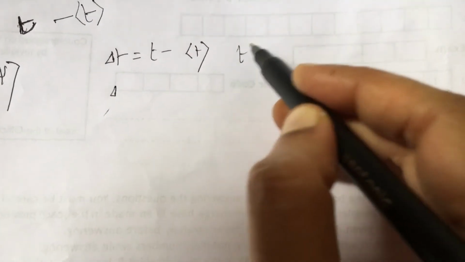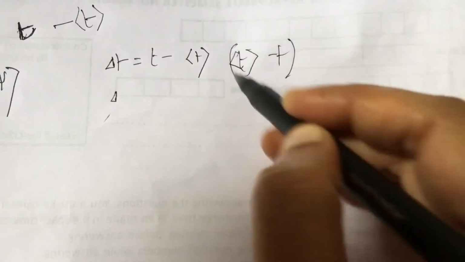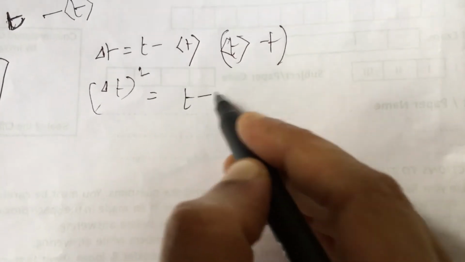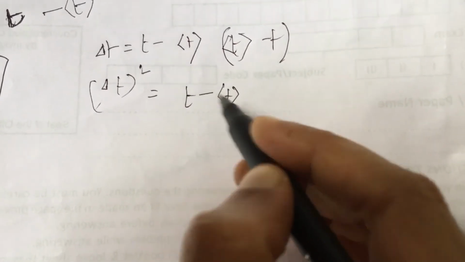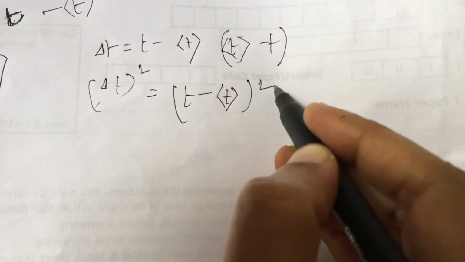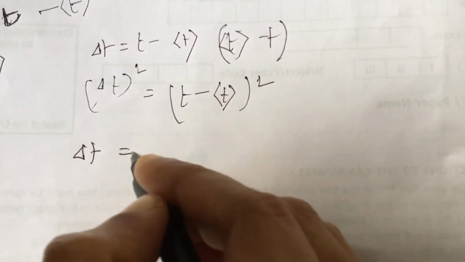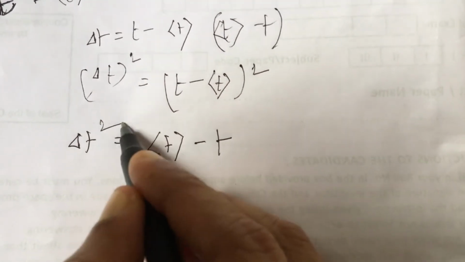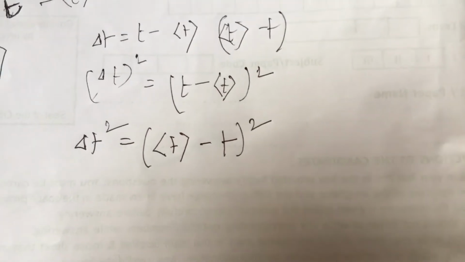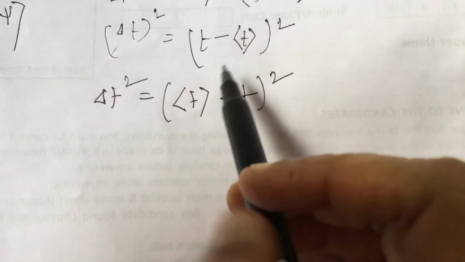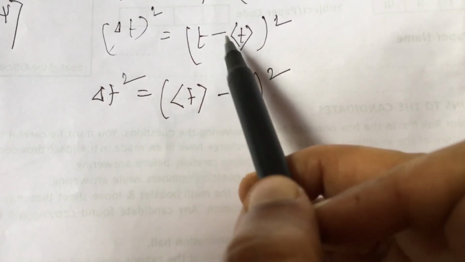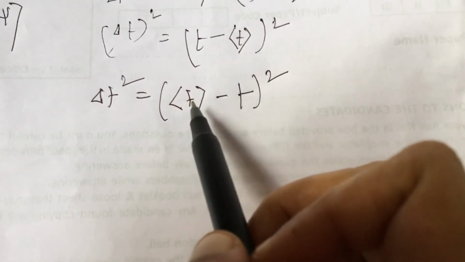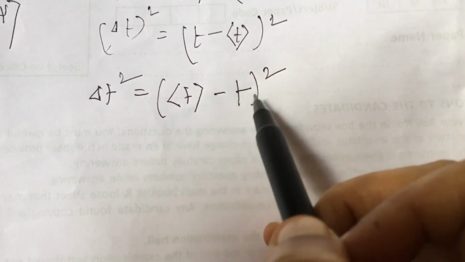I can write it as this also, but if I make del T square, I will get T minus expectation value, squared. So if I write del T as expectation value of T minus T, making a square of it is the same. It doesn't matter what I write. I can write T minus expectation value of T or expectation value of T minus T, because I am going to square it.